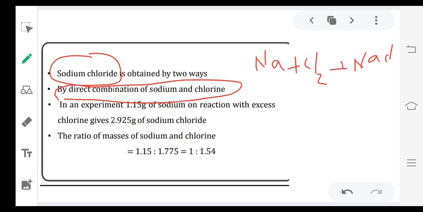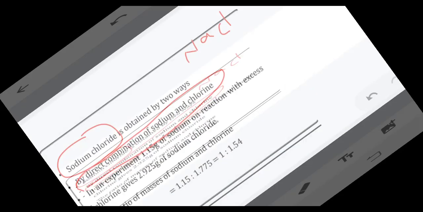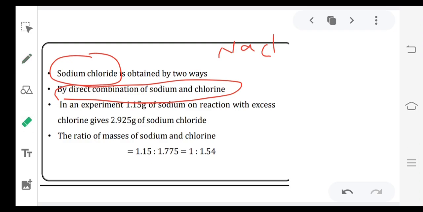For a balanced equation, we have to take Na plus half Cl2 gives NaCl.